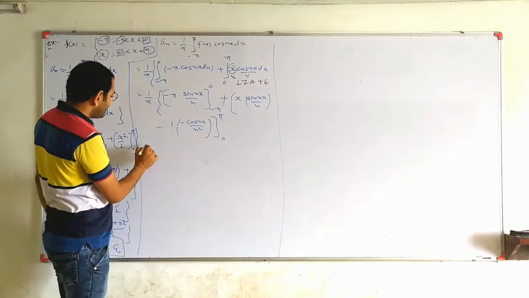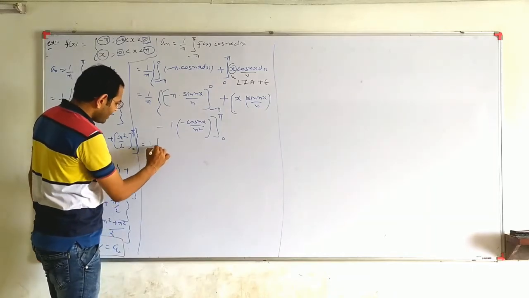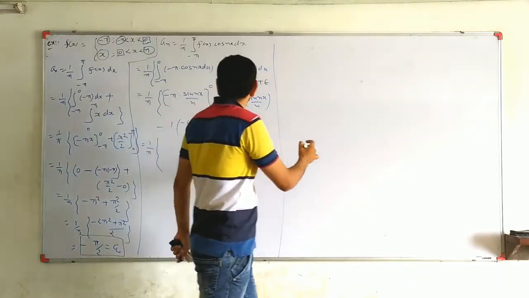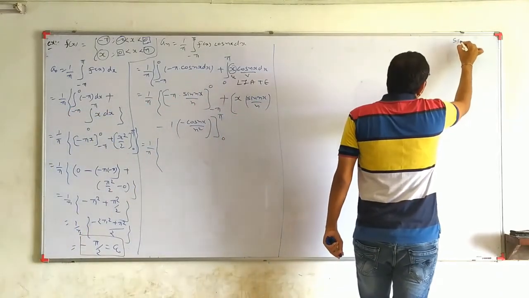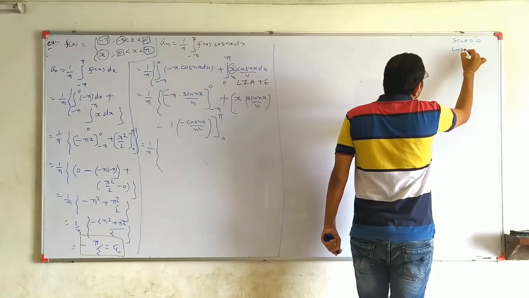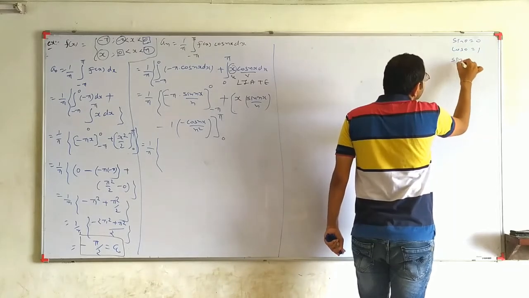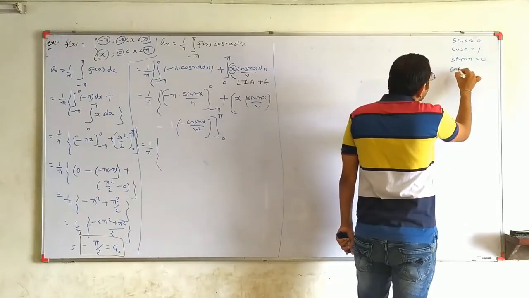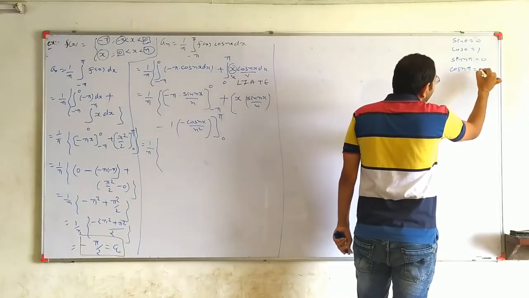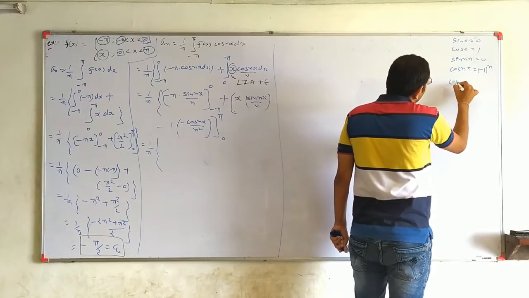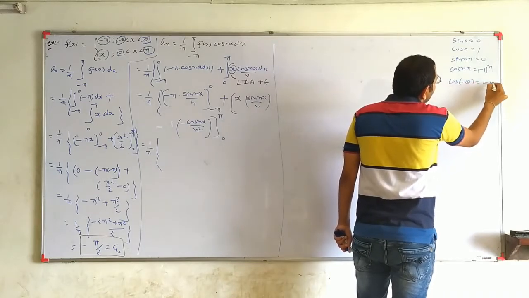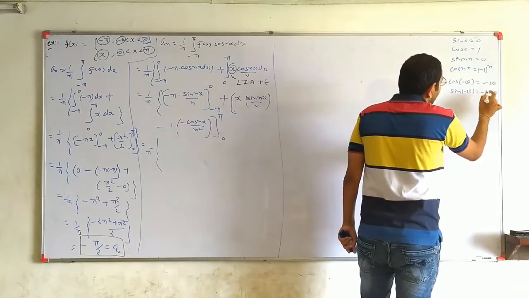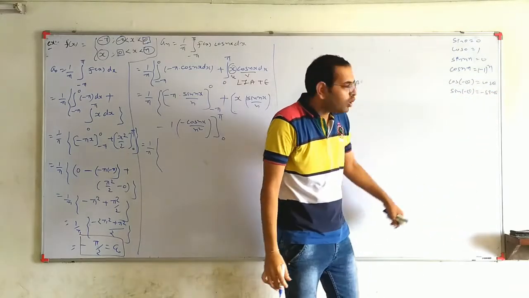Then upper limit minus lower limit, 1 upon pi: sin 0 is 0, cos 0 is 1, sin n pi is 0, cos n pi is minus 1 raised to n. Cos of minus theta equals cos theta, and sin of minus theta equals minus sin theta. That is an even and odd function.